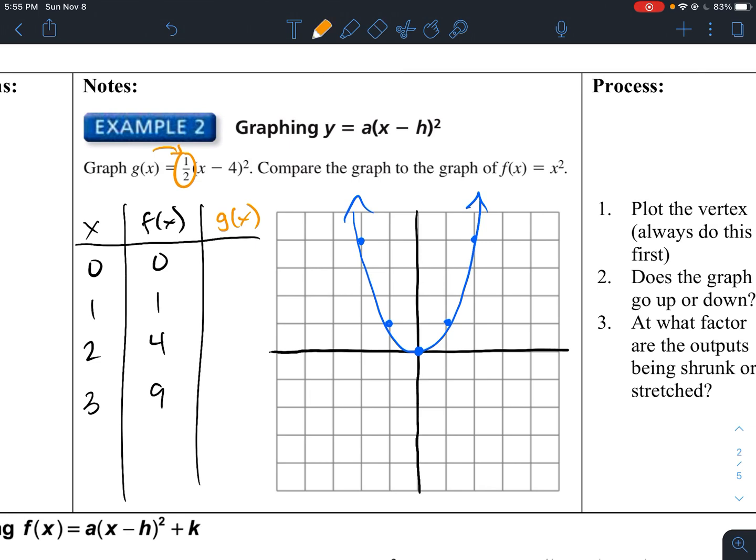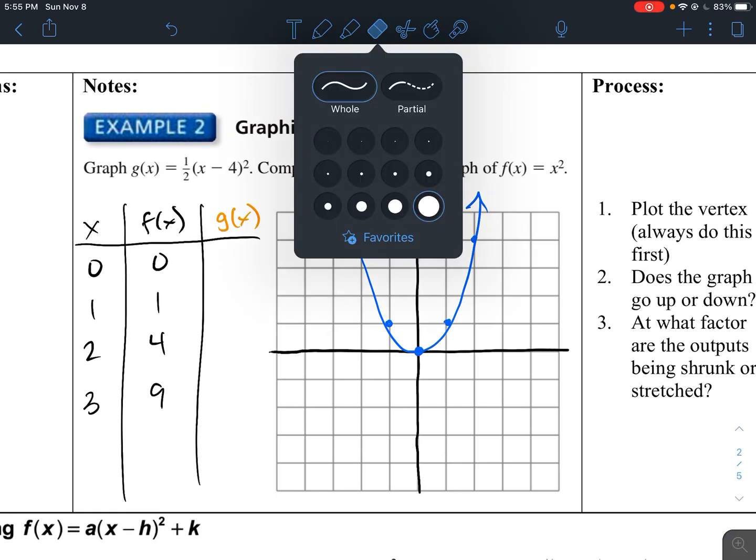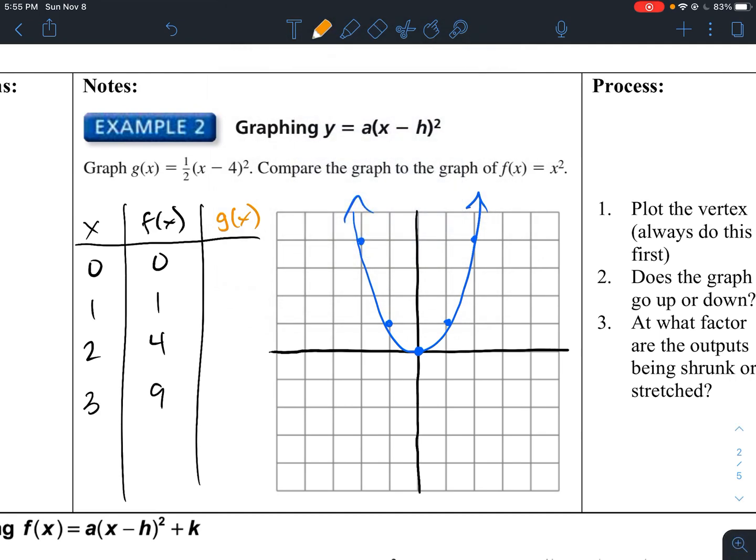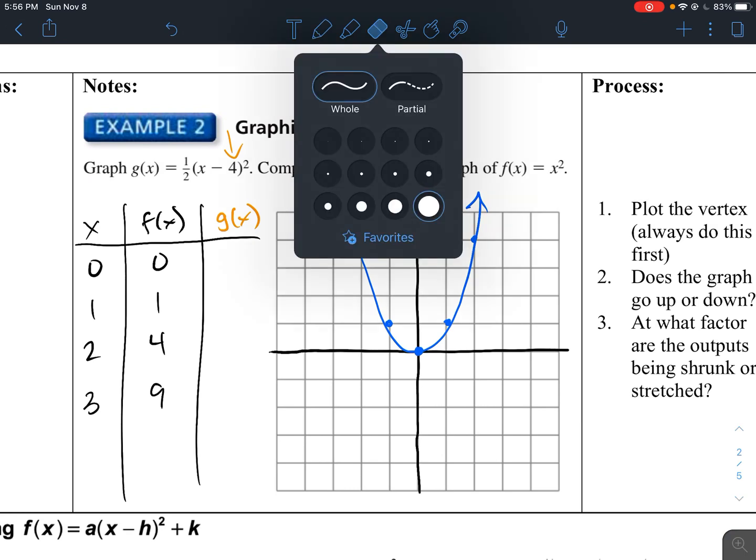So we're going to shrink the parent function by 1/2. The only thing that's different here, though, is that we are shifting our function in a different direction, right? So our origin is no longer going to be at the center.